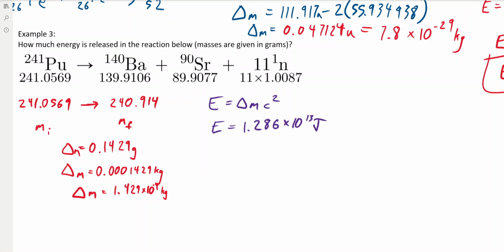So there's a lot of energy being released because there was a lot of mass change, right? Because this is grams, remember, this is not atomic mass units. So that's a lot of energy being released, and we can probably just leave it there. Well, we should talk about sig digs though. 3 sig digs like the last question, for the same reason as the last question.